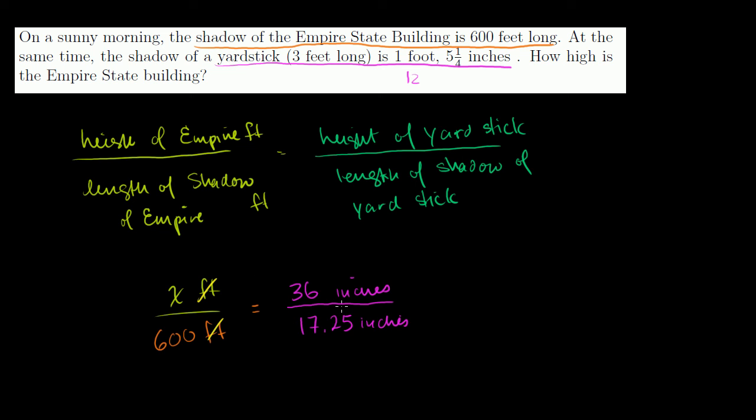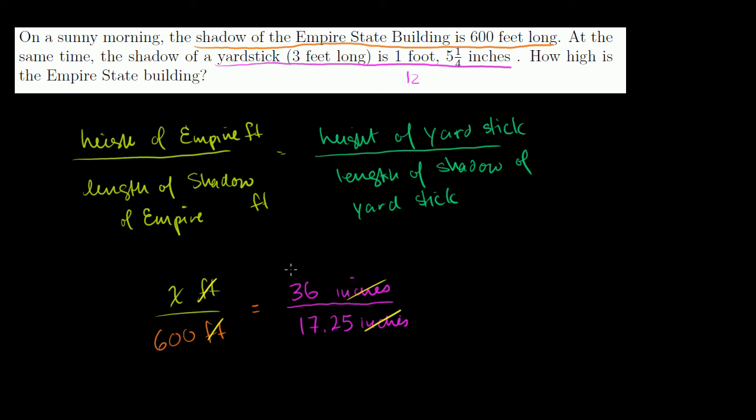Feet divided by feet, inches divided by inches. So they just become pure ratios. x over 600 is equal to 36 over 17.25. The reason why I could use feet here and inches here is because the units cancel out. I want to make that very, very clear. Now we can just cross multiply, which is essentially just multiplying both sides of the equation by 600 and 17.25.